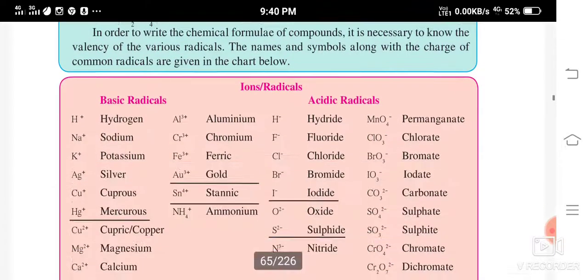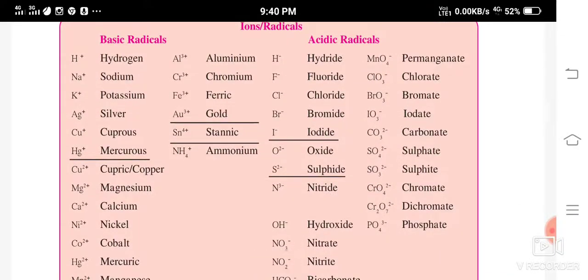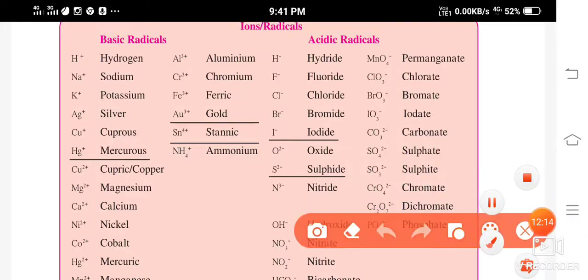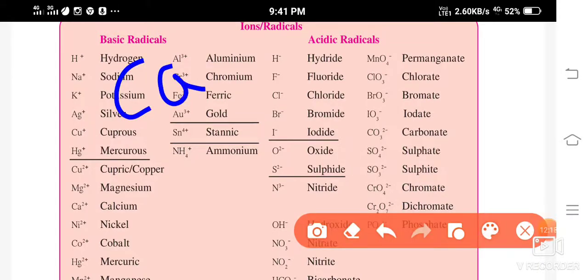See, calcium is 2 plus. Calcium is the basic radical, with valency 2. Then carbonate, CO3, is 2 minus.